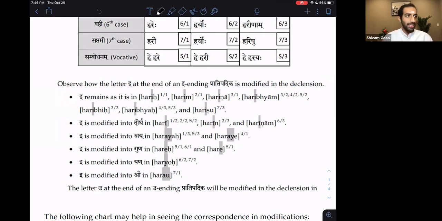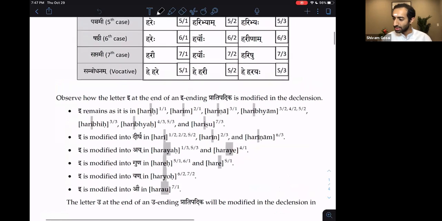What we see is that E remains as it is in a few places. 1-1, Harihi. 2-1, Harim. 3-1, Harina. And Haribhyam, 3-2, 4-2, 5-2. Haribhihi, Haribhyaha, and Harishu. So there are quite a few places where that short E stays short.